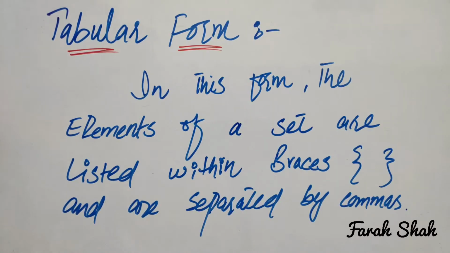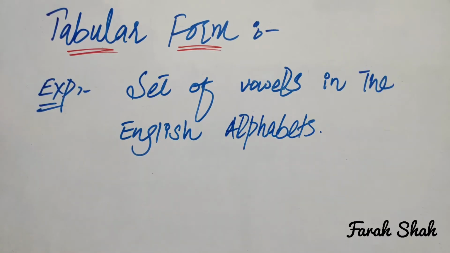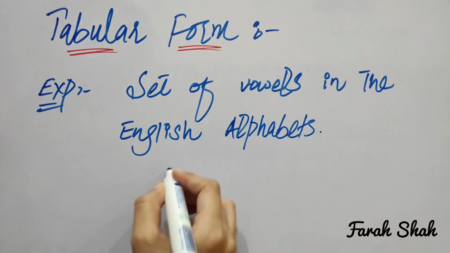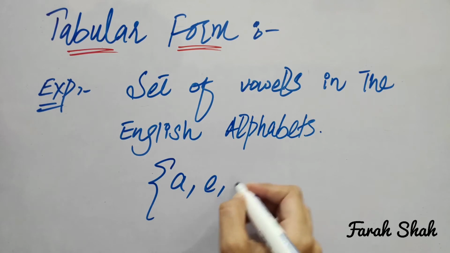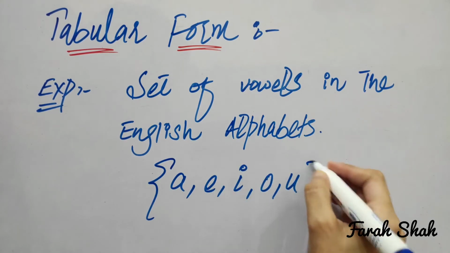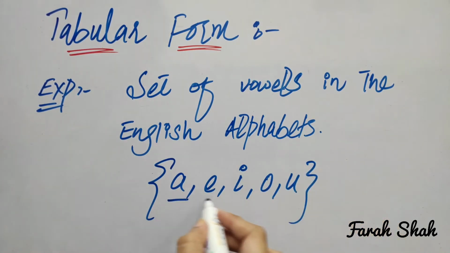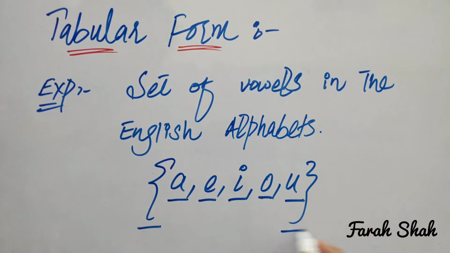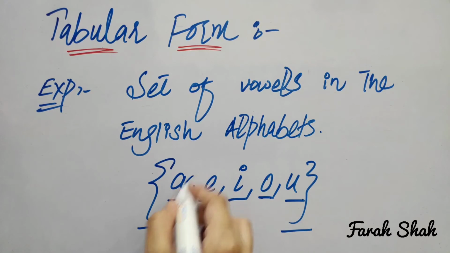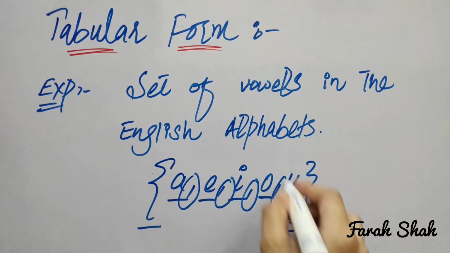In tabular form, the elements of a set are listed within braces and are separated by commas. For example, the set of vowels in the English alphabet is written as the elements are A, E, I, O and U, and these elements are listed in between the braces and are separated by the commas.